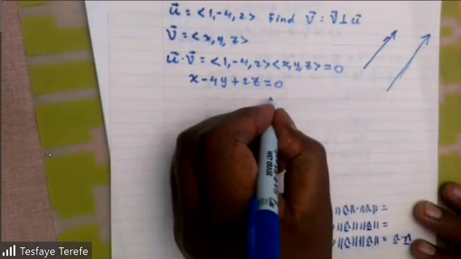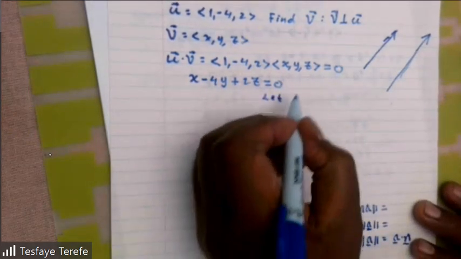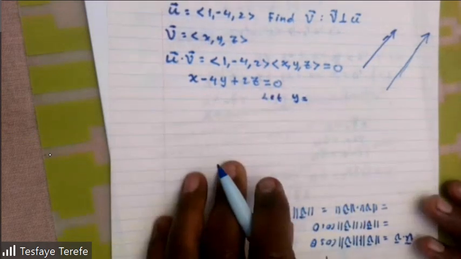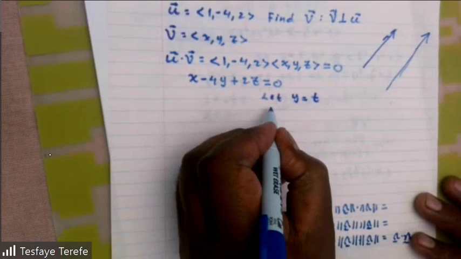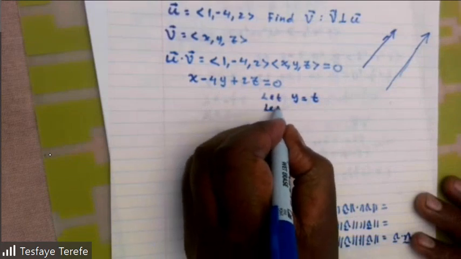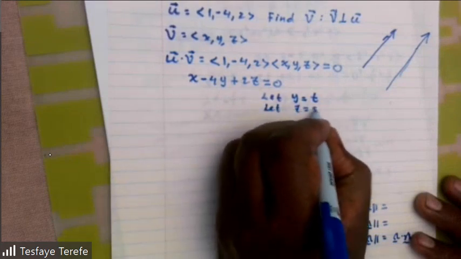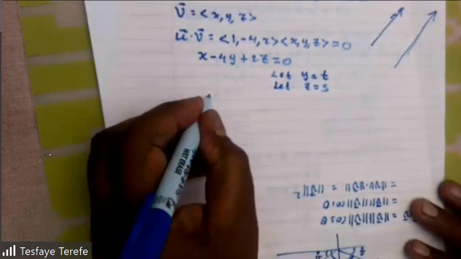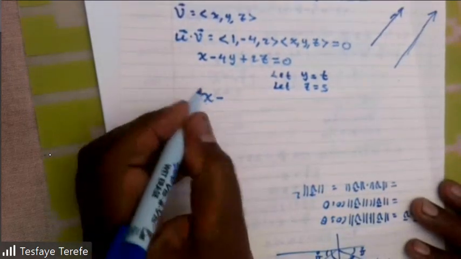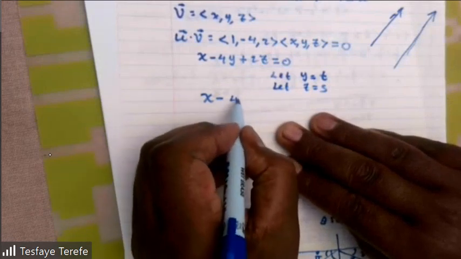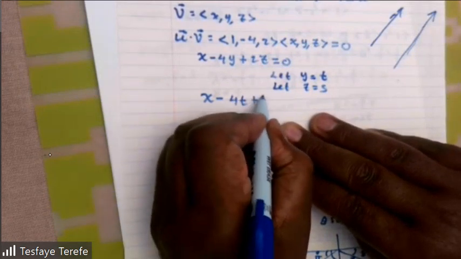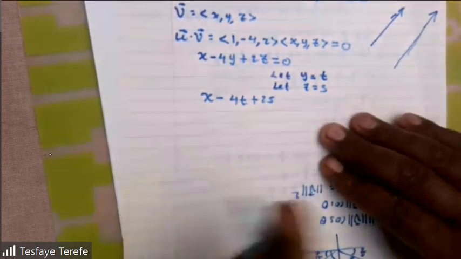Now let us assume y equals, let's say, t, and let z equal s. Then what do I have? x minus 4t plus 2s is equal to 0.